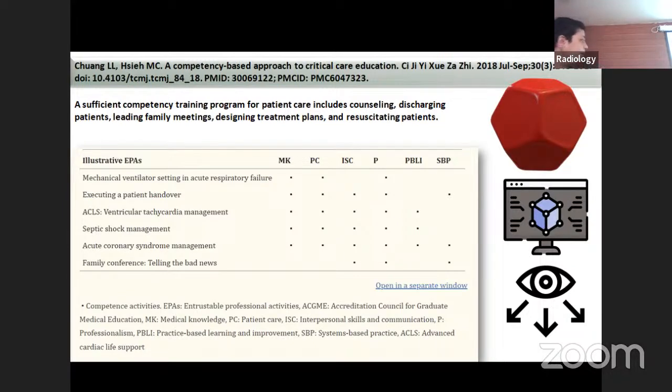So there is something called entrustable professional activities. For every procedure, everything that we do in the ICU, you first have to have a teaching module. Teach them everything: the theory, the practice, the complications, whatever is required for that particular procedure. Then you take them to a simulator.